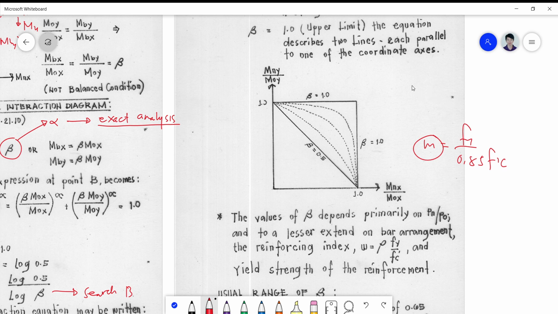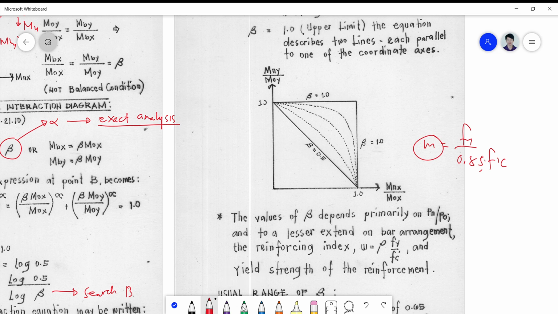So in other books, you will see a formula using this index omega. In my lectures, you will see a formula using an index M. An index is just a reference value, and these are just the same because you are just dividing Fy and F'c. The only difference is rho is a part of this index, and here I fix a value of 0.85.